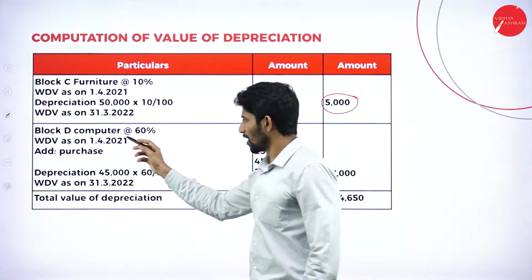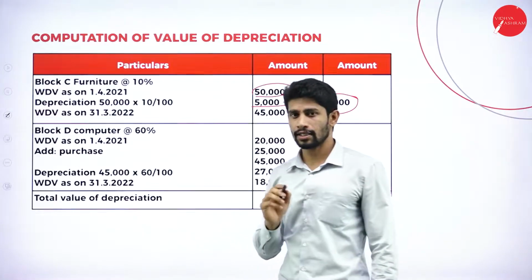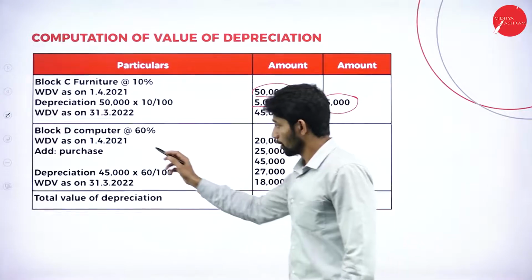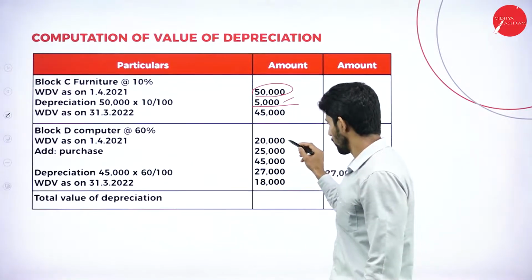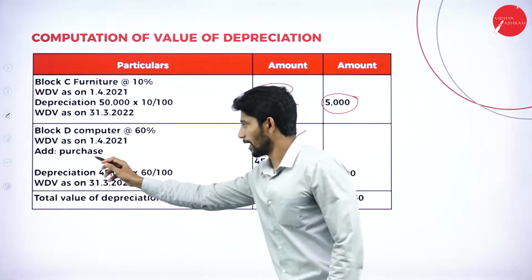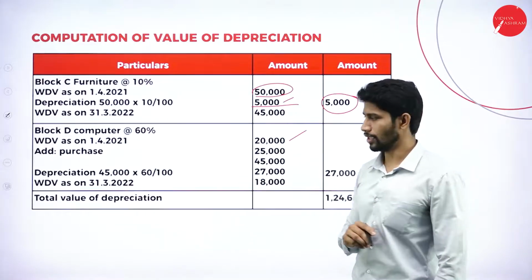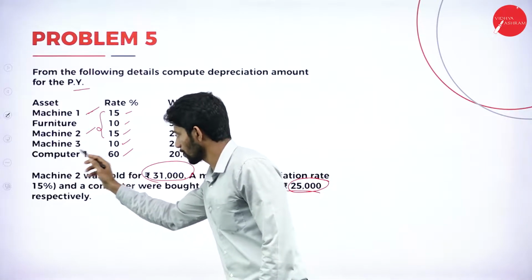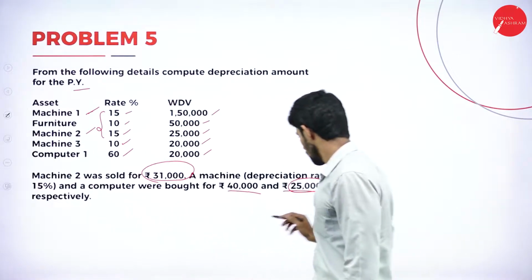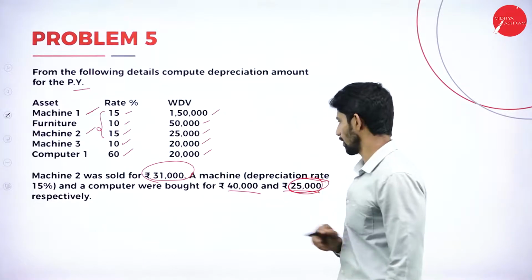Next, block D, computer at 60%. Yes. The written down value as on 1/4/2021, the value of the computer is 20,000, and add purchase. In the previous year, a computer is purchased worth rupees 25,000.